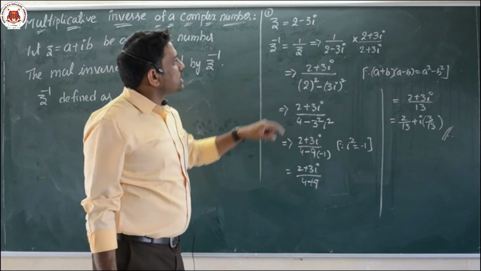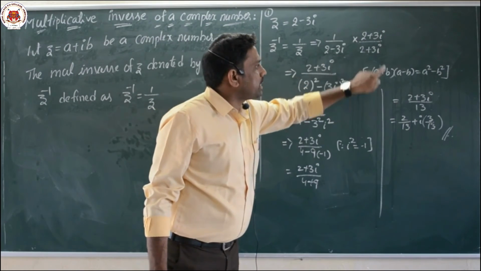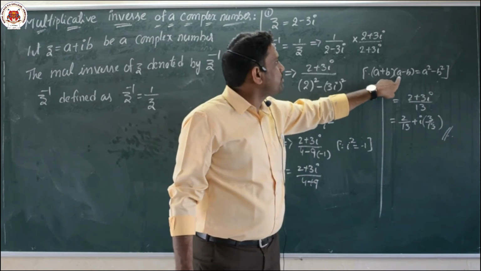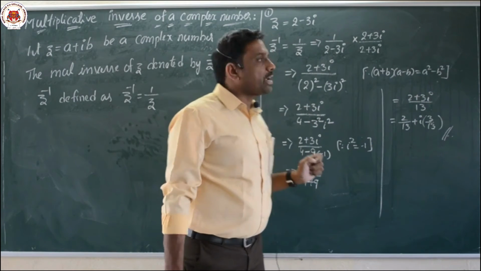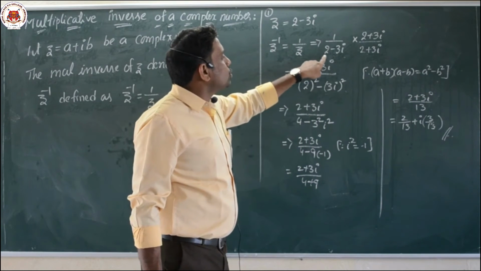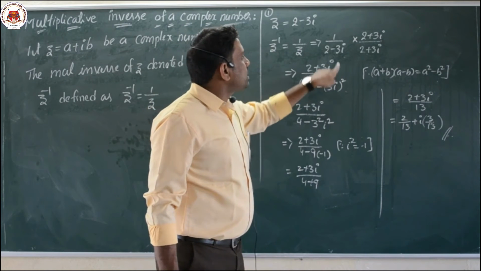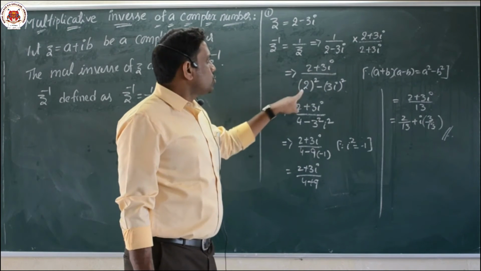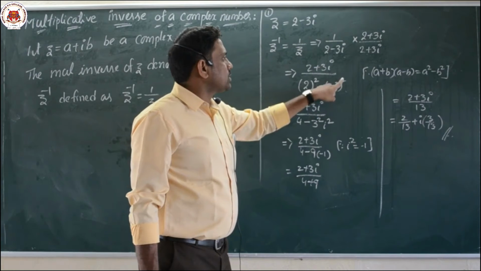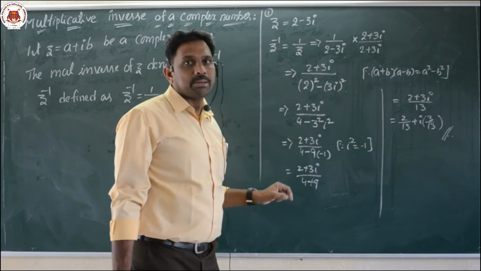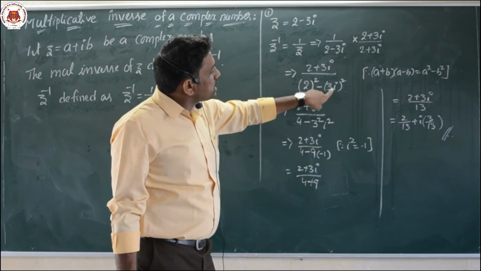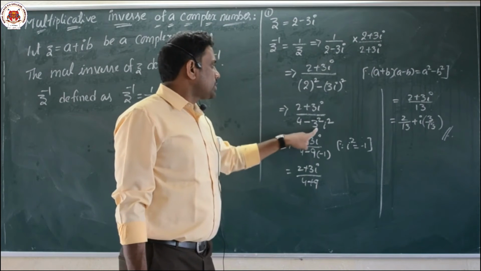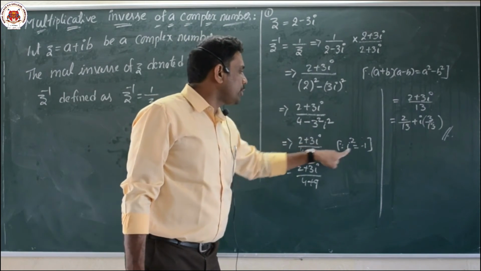Now this is in the form of a minus b into a plus b. The formula is a square minus b square. Here a means 2, so 2 square minus b square, where b is 3i, whole square. 2 square value is 4. For the second term, write the squares separately: 3 square and i square. 3 square is 9. The i square value we know is minus 1.